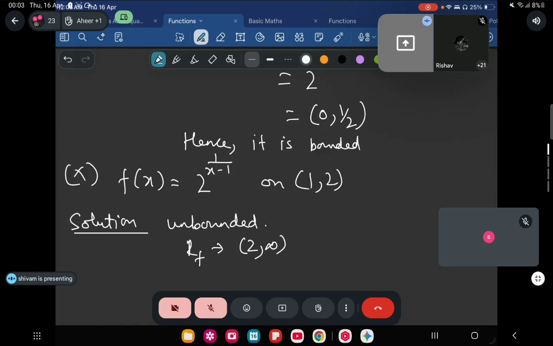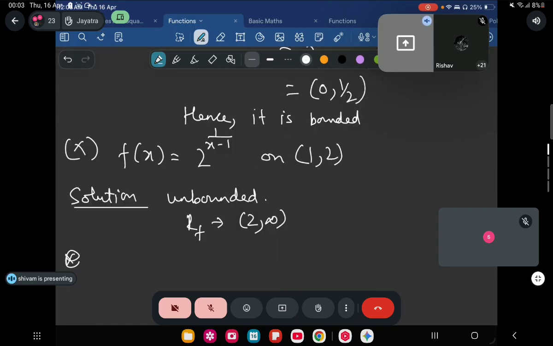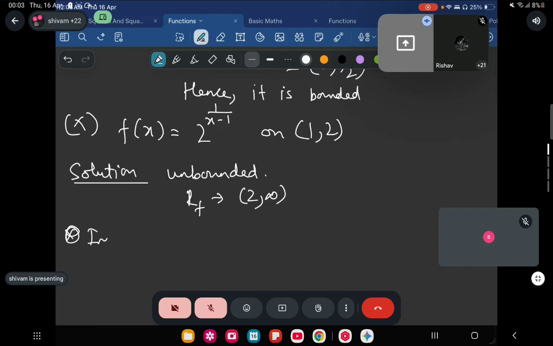Very simple. Our next topic is implicit and explicit functions. So what are implicit and explicit functions? Pay attention.